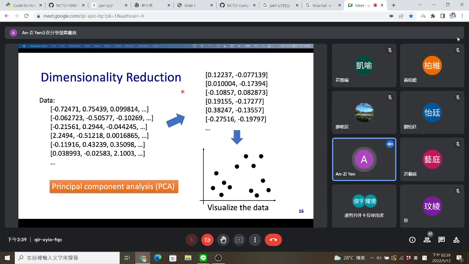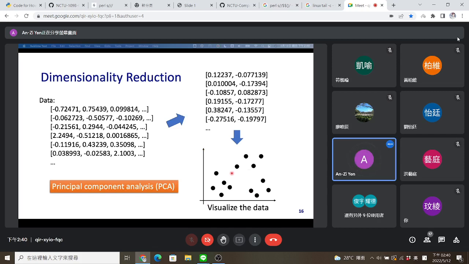So you may want to find a way to reduce the dimension of this vector, like a 300 dimensional vector to 2 dimensions, and then we can plot the vectors on an XY axis and visualize the word embeddings.